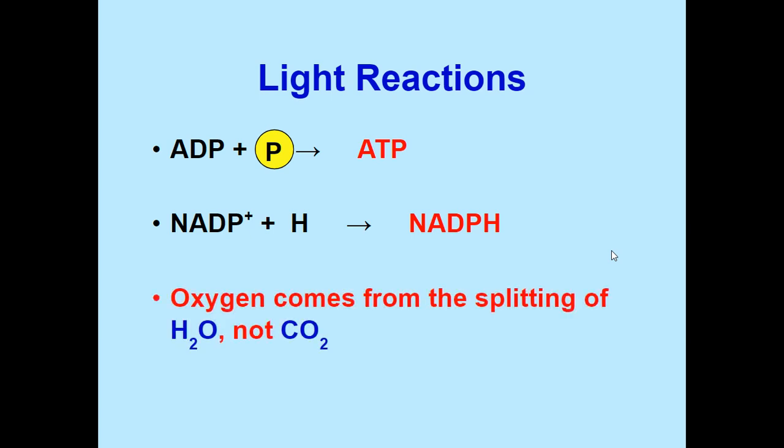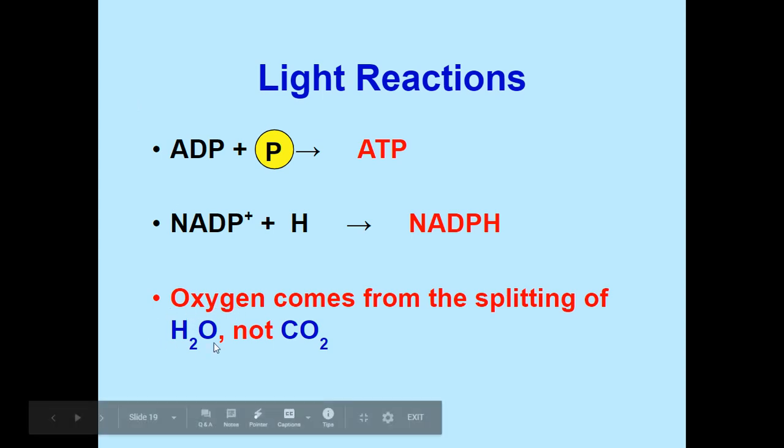Okay. Oxygen comes from splitting your water molecule and not the carbon dioxide molecule. So just letting you know where your oxygen comes from, it comes from us splitting water, not CO2.